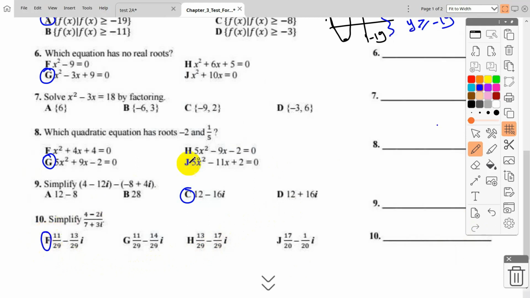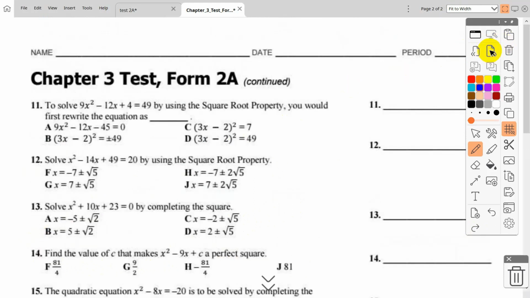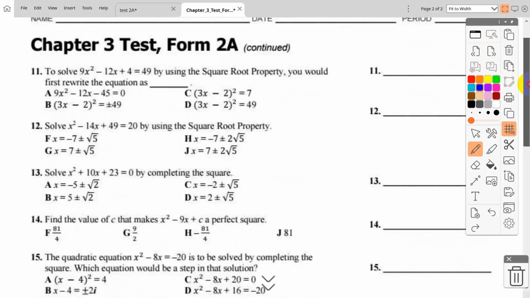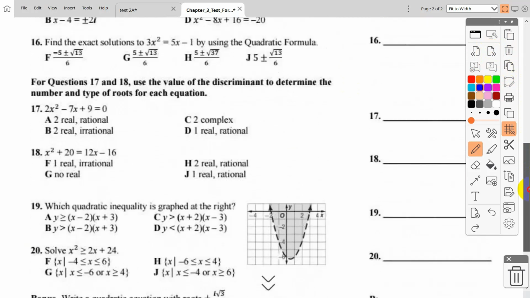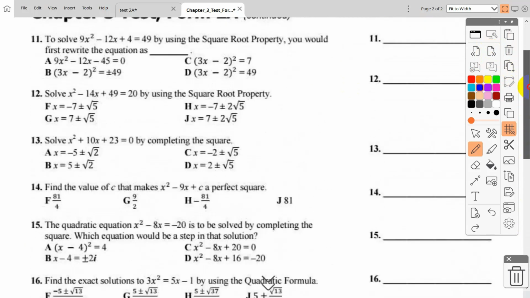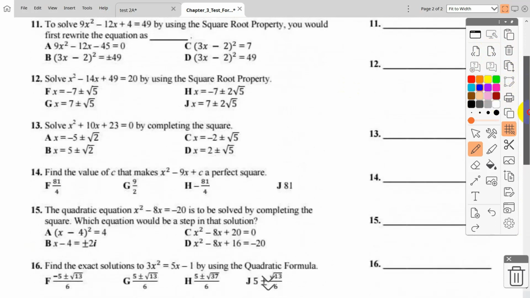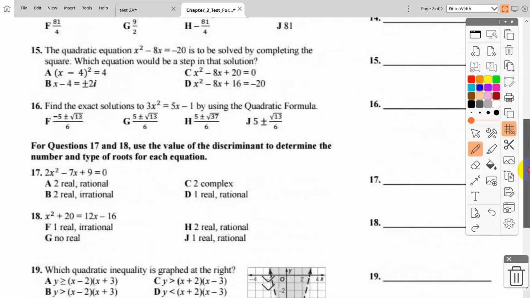The correct answer will be F. So this was our last question for our revision.